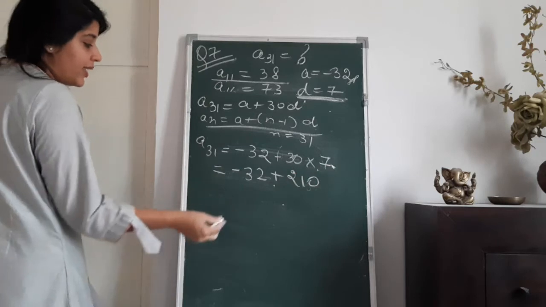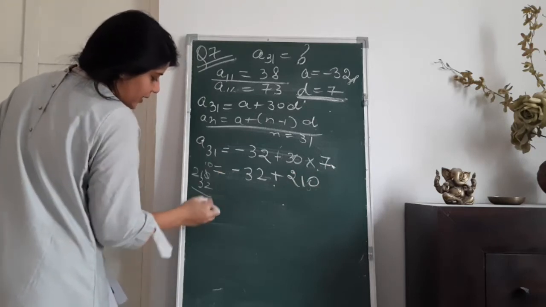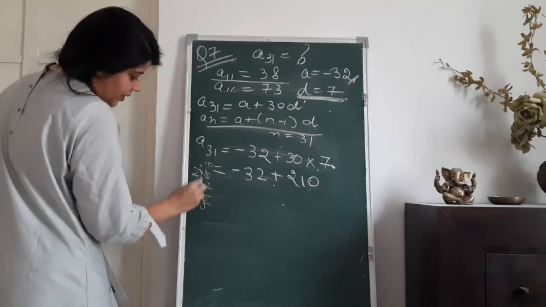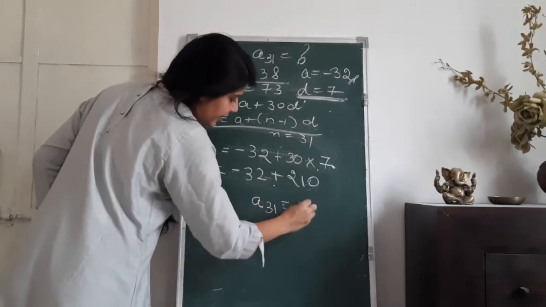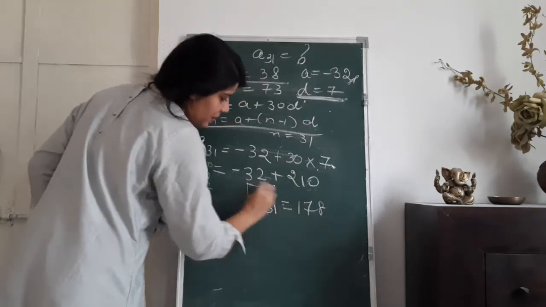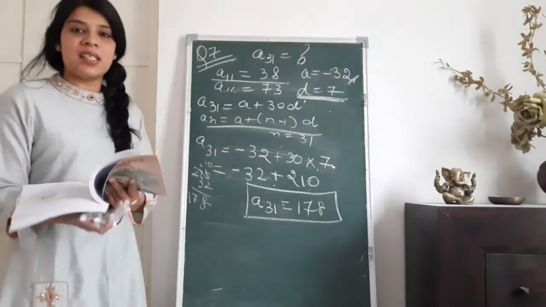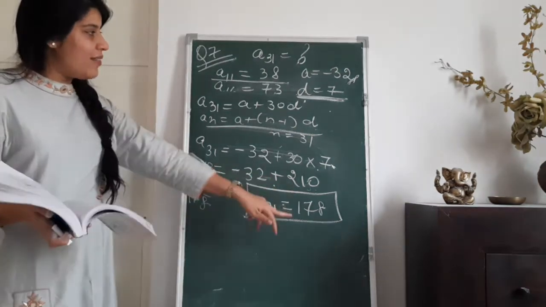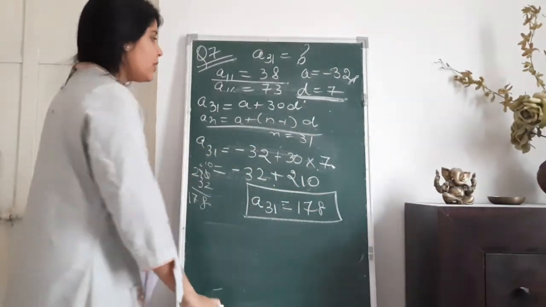That is 210 minus 32, and 210 minus 32 is 178. So therefore A31 is going to be equal to 178. Therefore the 31st term of this arithmetic progression is equal to 178. Let's move on to the next question.